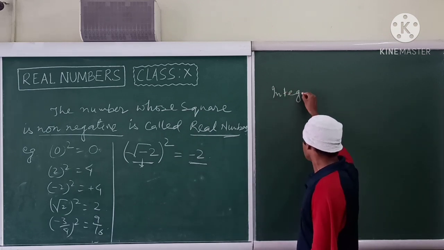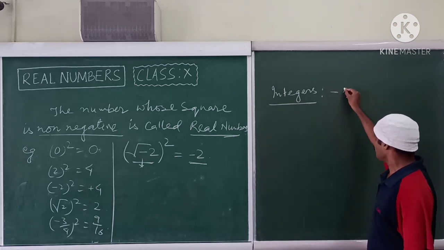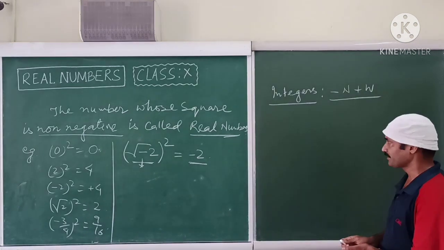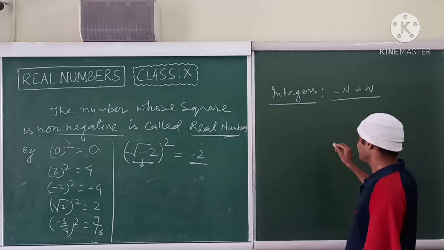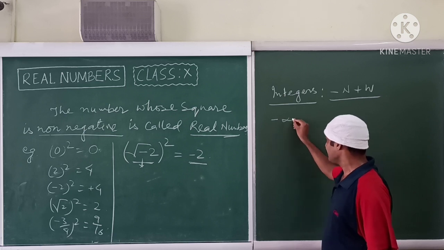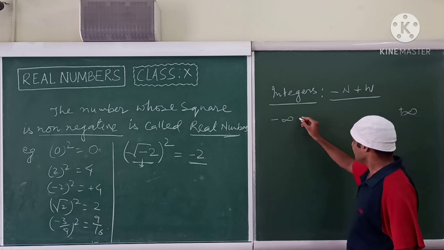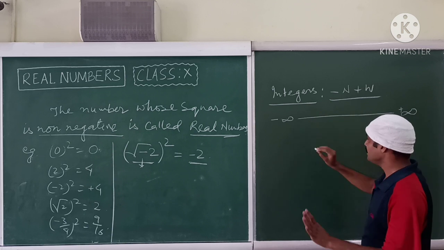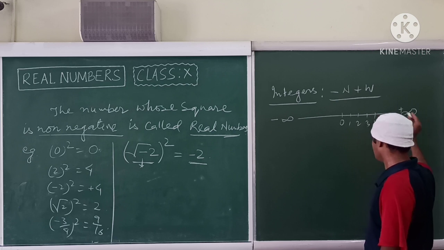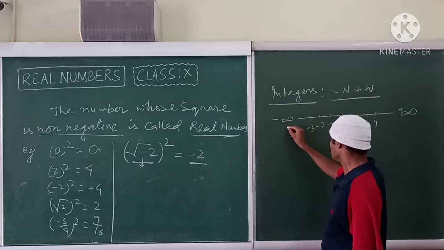To understand it better, we have certainly studied integers. Integers are the negatives of natural numbers plus whole numbers. Integers go from -infinity to plus infinity: 0, 1, 2, 3, 4 and so on, and on the back side -1, -2, -3 and so on.